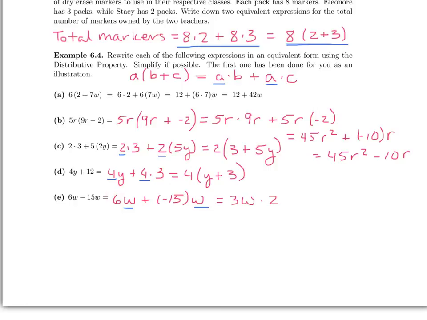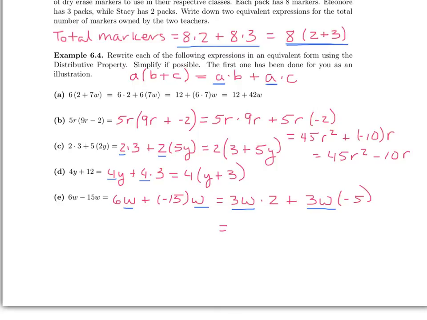Let's continue. Plus 3w times negative 5. This quantity here is the same as this quantity. So writing it in this form, I can see I've got a common factor of 3w. Now I can rewrite this in this format.